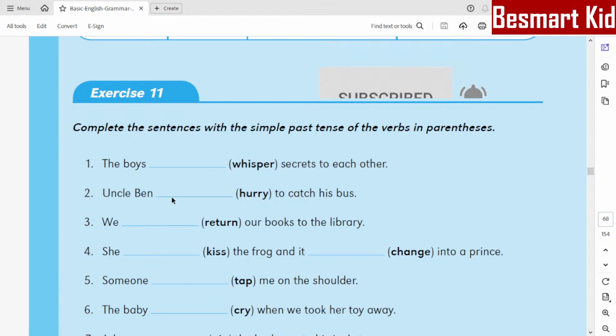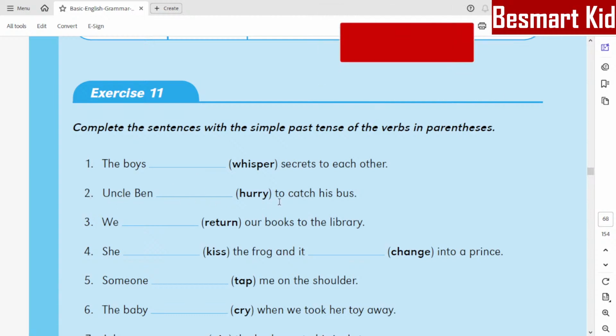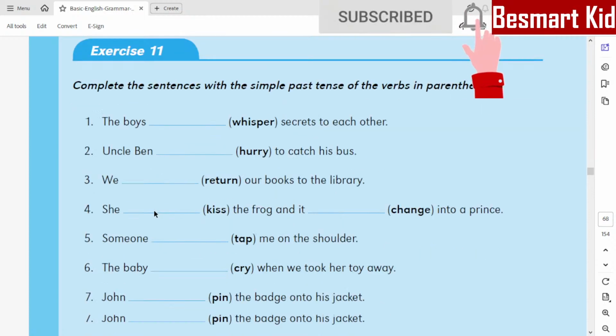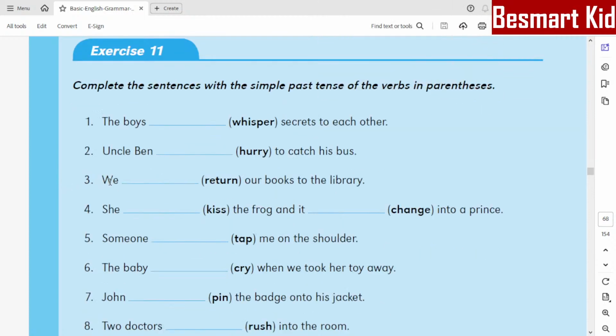Second, Uncle Ben dash Harry in brackets to catch his bus. Third, we dash return in brackets our books to the library. She dash kiss in brackets the frog and it dash change in brackets into a prince.